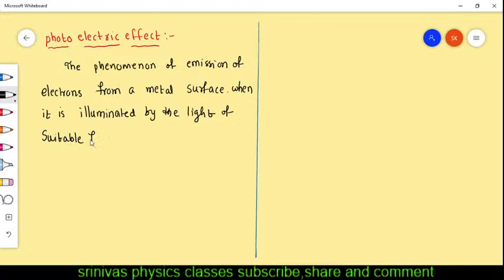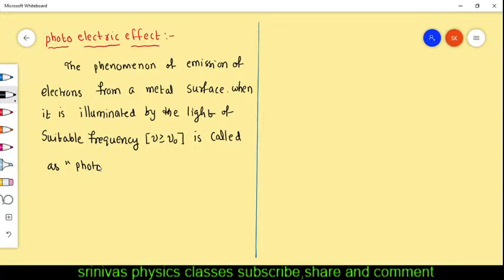Suitable frequency means that the frequency of incident radiation should be greater than the threshold frequency, then only electrons will emit. That is called the photoelectric effect. This is the definition of the photoelectric effect.